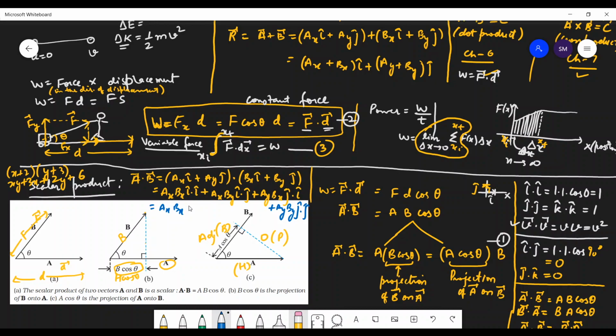So what is a? a is the hypotenuse, and this is under root ax square plus ay square. What is b? b is under root bx square plus by square, the magnitude of b. So this is how you can calculate the magnitude of a and the magnitude of b.